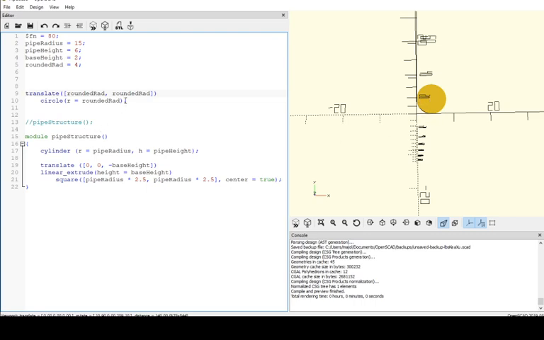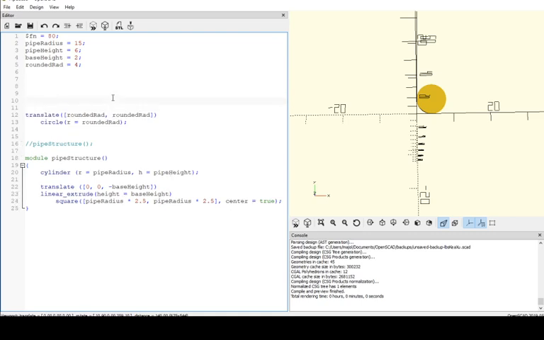Now the next thing you need to do is let's draw a square. So let's draw a square, and that square will be the same dimension, right?